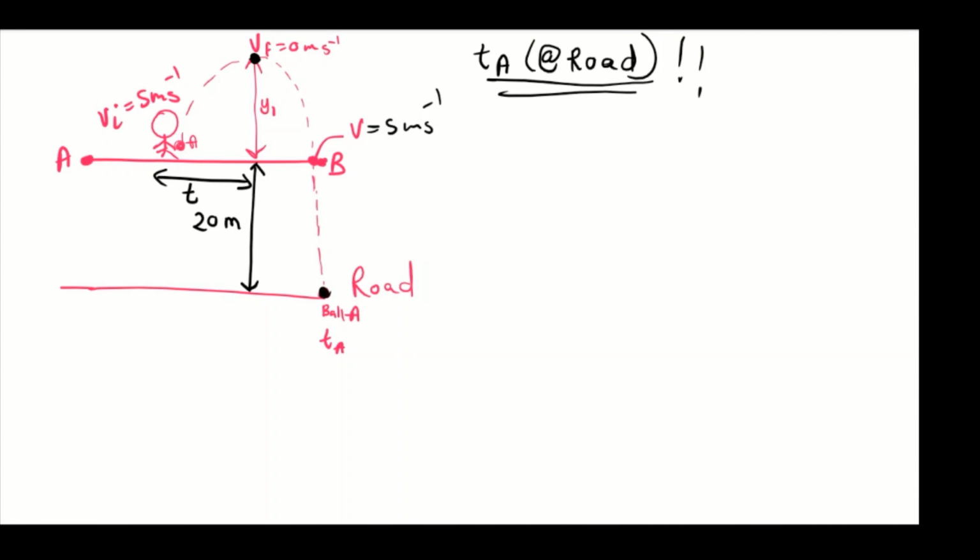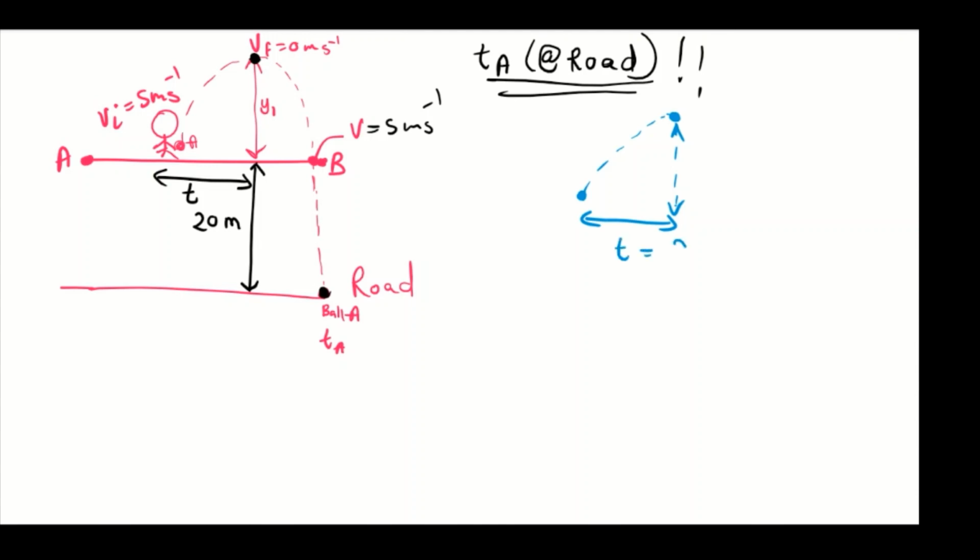Let me indicate with the diagram. The initial is from this point going to the top part. So I'm just going to find the time it took for the ball to reach the maximum height.